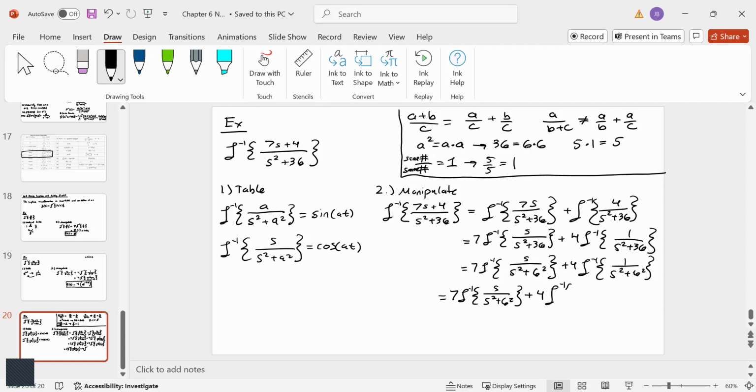And what I'm going to do inside of the Laplace is this fancy trick of multiplying it by the number that I want in the numerator, which is 6. But I'm also going to divide it by 6, because 6 divided by 6 is 1, and 1 times anything is no change. So I have accomplished the manipulation without changing it into something that it's not supposed to be.